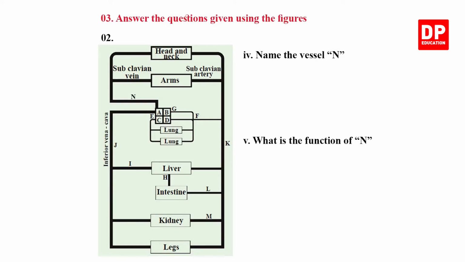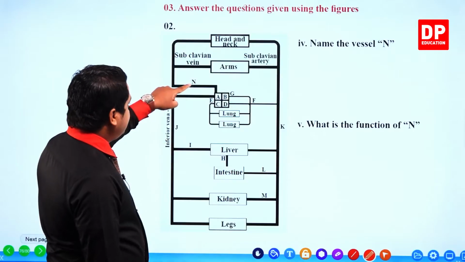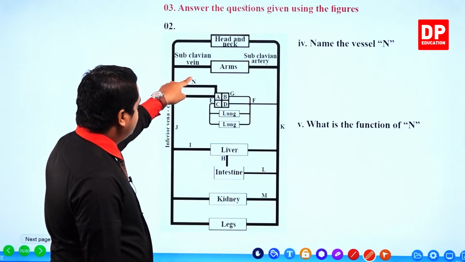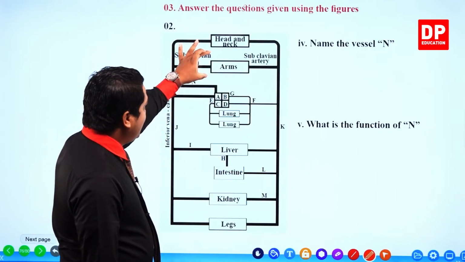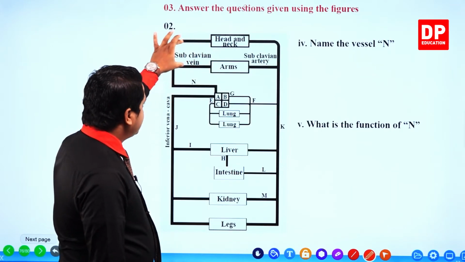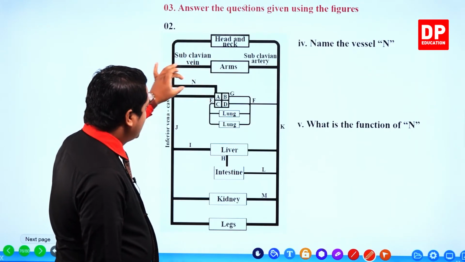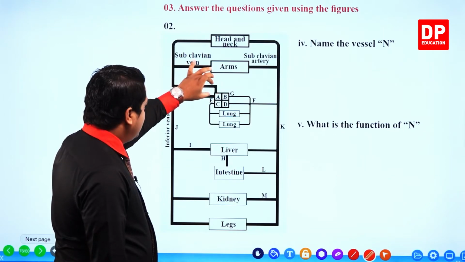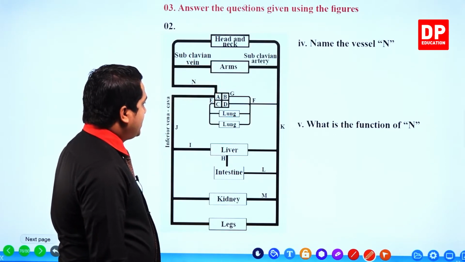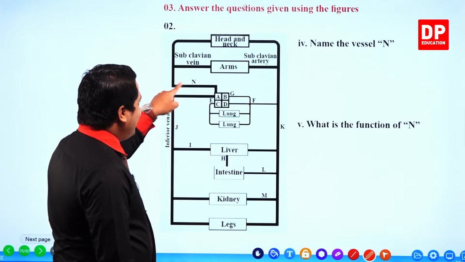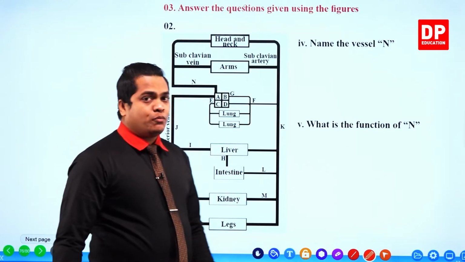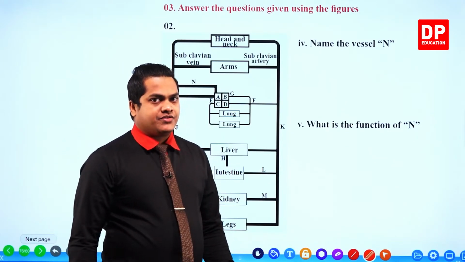Next one, name the vessel N. This is N vessel. From head, neck and arms, blood is coming towards the A, which is the right auricle. So N definitely should be the superior vena cava, my dear children.